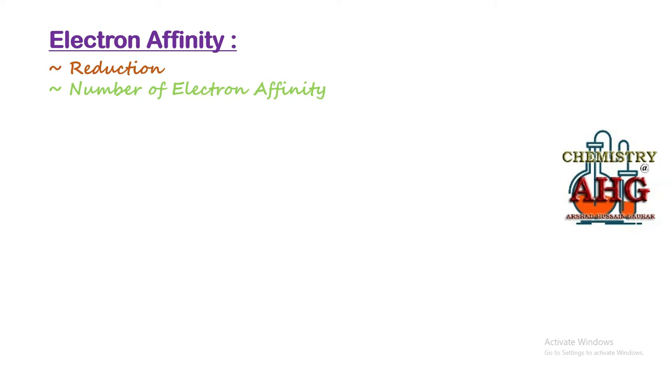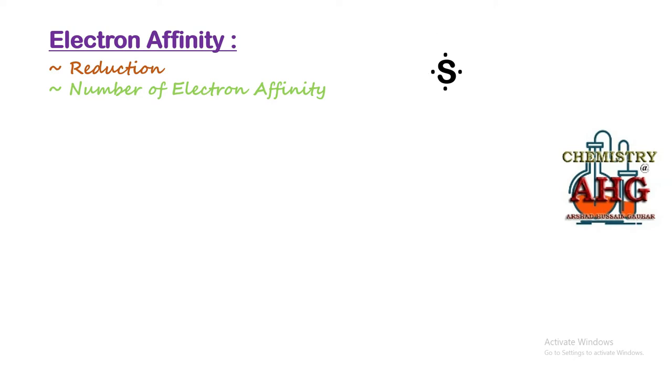Let's take the example. If you look at sulfur, you people know sulfur belongs to group number 6. So in the valence shell of sulfur there are how many electrons? There are 6 electrons. If we distribute 6 electrons in the valence shell of sulfur, what is the common way to distribute electrons into the valence shell? 1, 2, 3, 4.